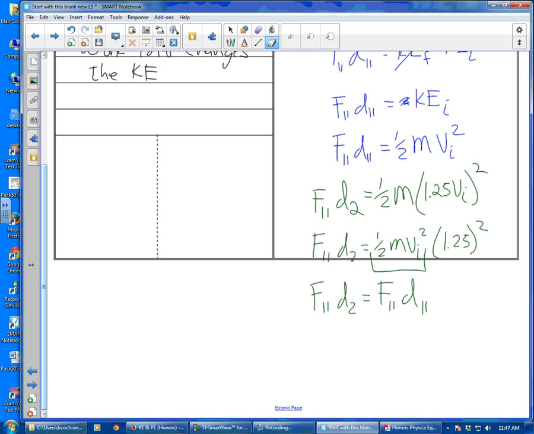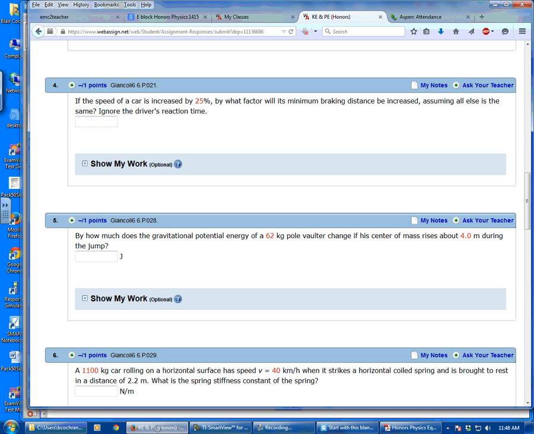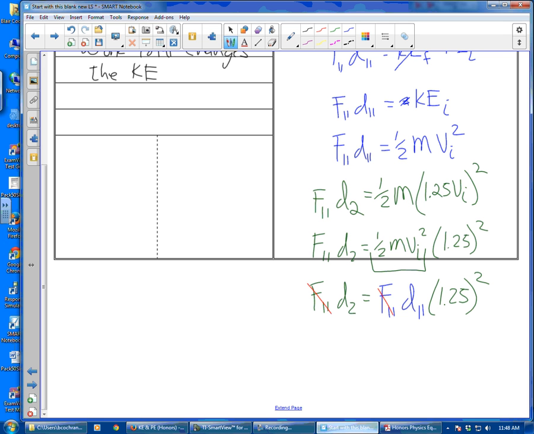From the blue, I can put in force parallel, D parallel, and from the green, keep my 1.25 squared. And notice that these cancel out. And I'm asked, by what factor will the braking distance change? Well, for me it's 1.25 squared.